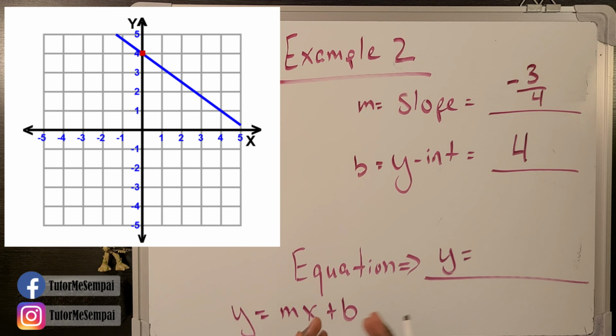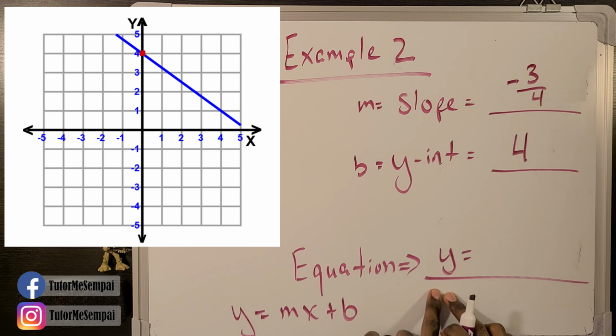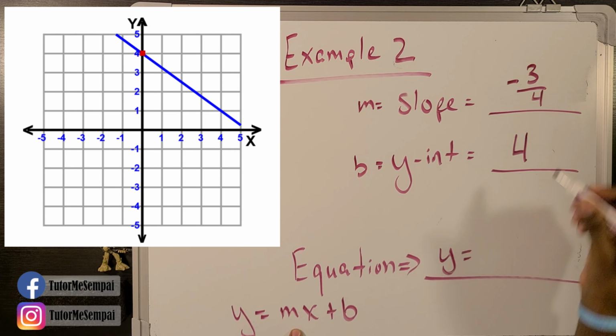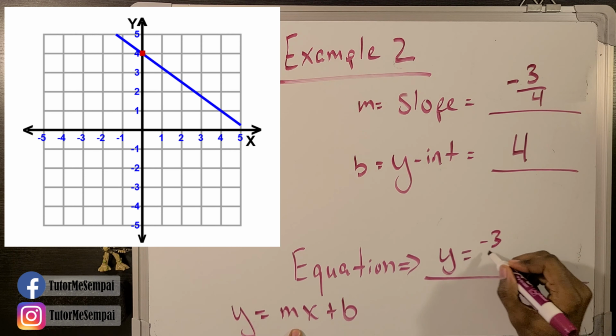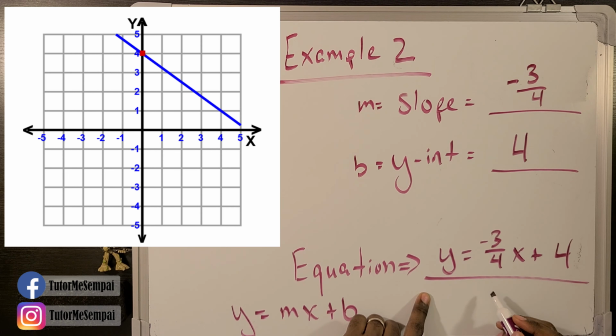Now you could write f of x equals if you're doing a function, but we're just doing a linear equation. y equals m, which is our negative 3 over 4, x plus a positive 4. So that means that the equation of this graph is going to be y equals negative 3 over 4x plus 4. We have now found the equation of this line.